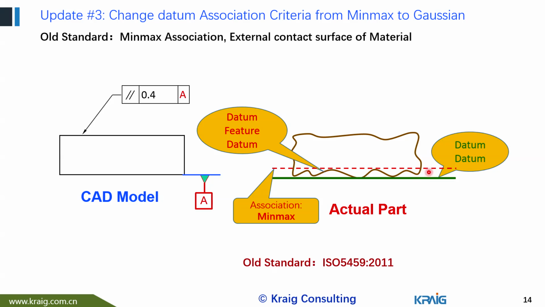And once we can minimize the area, then we find the external contact surface, because the datum should always be outside of the material. So here is the actual datum that the design engineer or the inspector is supposed to use, which here is datum A.